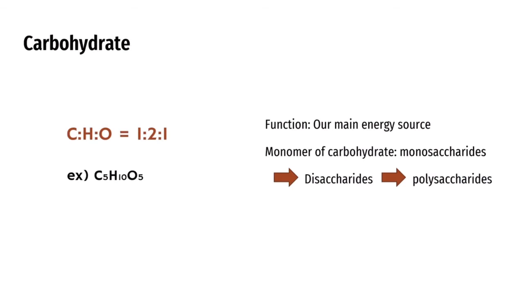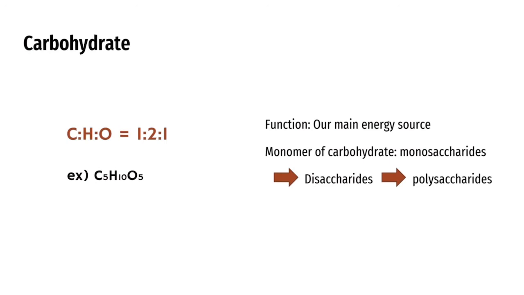From now, let's focus on carbohydrates. It is composed of carbon, hydrogen, and oxygen atoms in a ratio of 1 to 2 to 1. The example would be C5H10O5. So it's composed of 5 carbons, 10 hydrogen atoms, and 5 oxygen atoms.